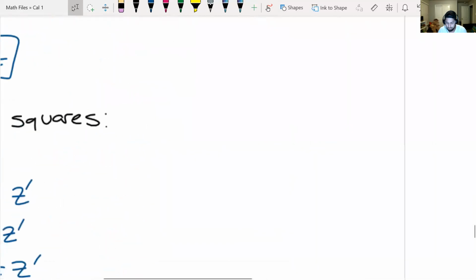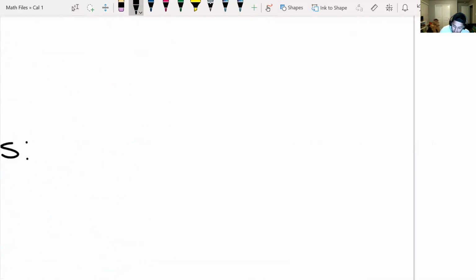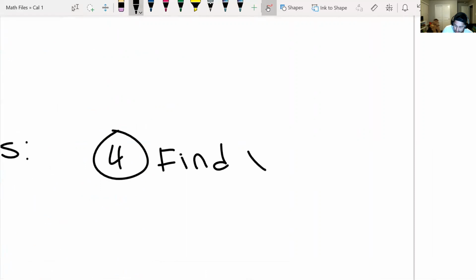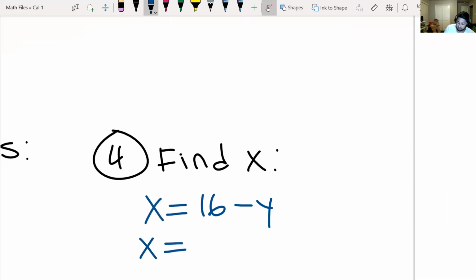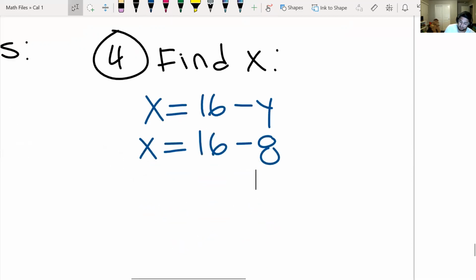So, move on to step 4. Find x. And we know that x is given by 16 minus y, which means x equals 16 minus 8, which means x is also 8.